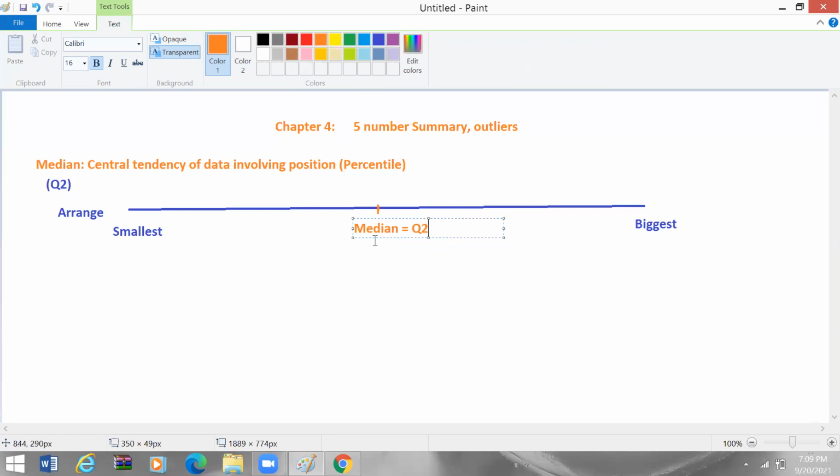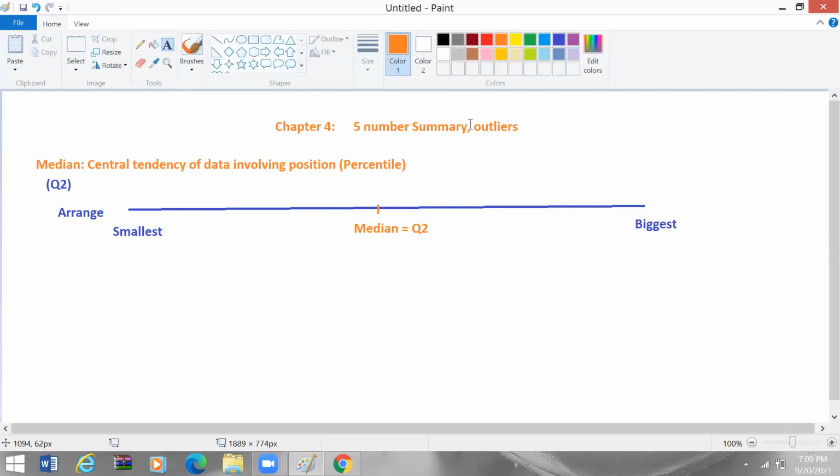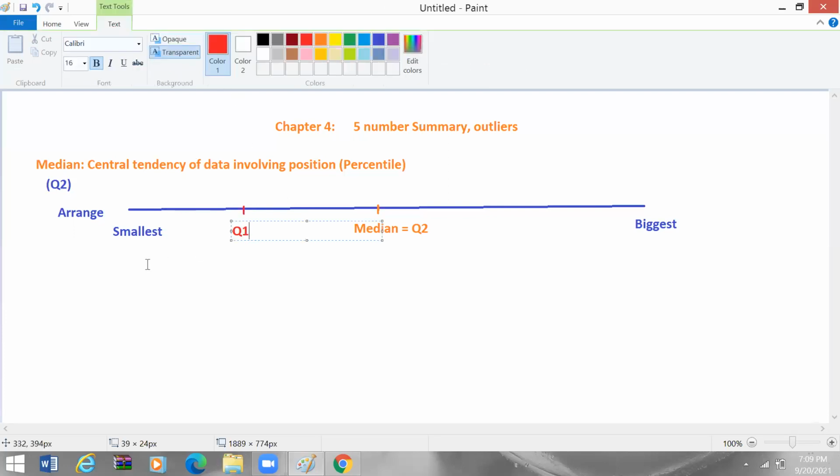Then we're going to have to find another median. So what is another median? This we call the Q1. What does Q1 stand for? The Q1 is basically the first quartile. What is it used for?